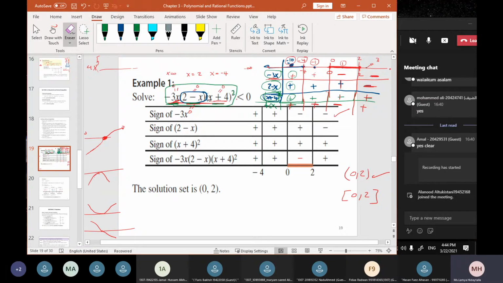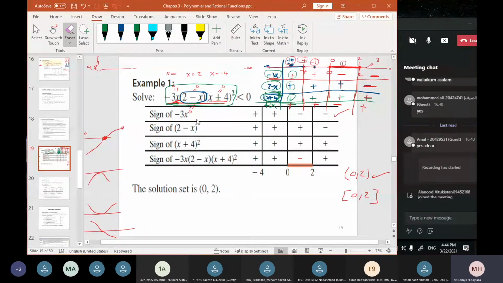So either this one is 0 or this one is 0 or this one is 0. Then we get the values. We found 3 values: either x equals 0, or x equals 2, where this one will be equal to 0, or x plus 4 equals 0, that is when x is equal to minus 4.